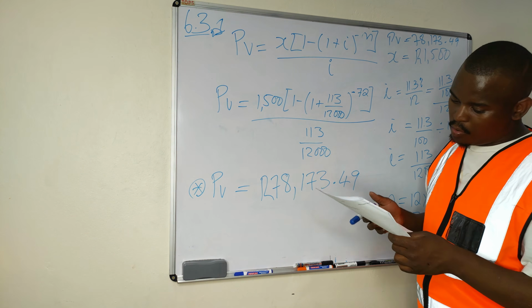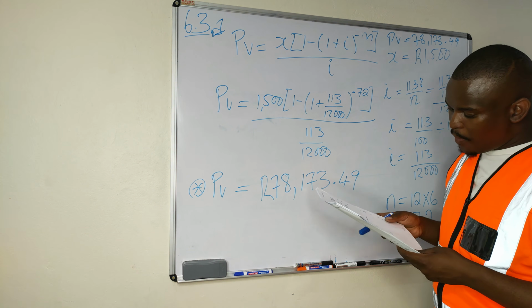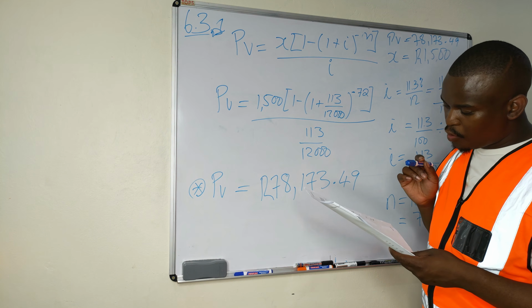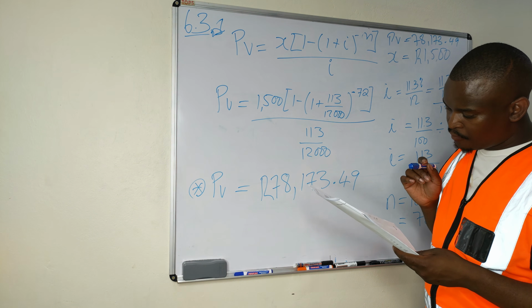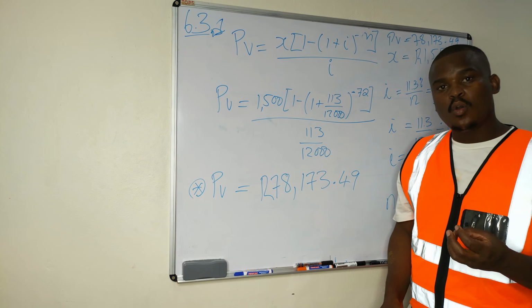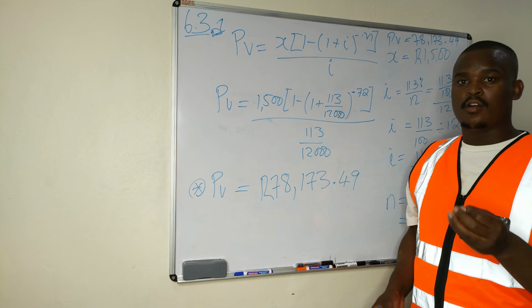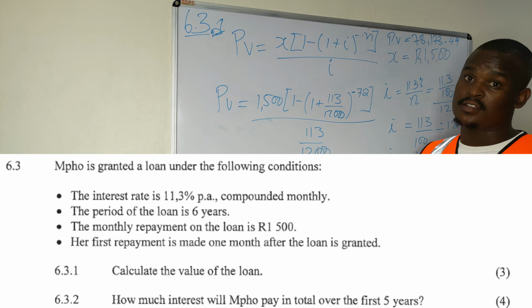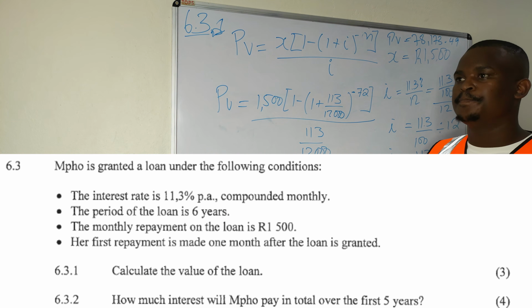So they want to know how much interest Mpho will pay over the first 5 years of this loan, right?